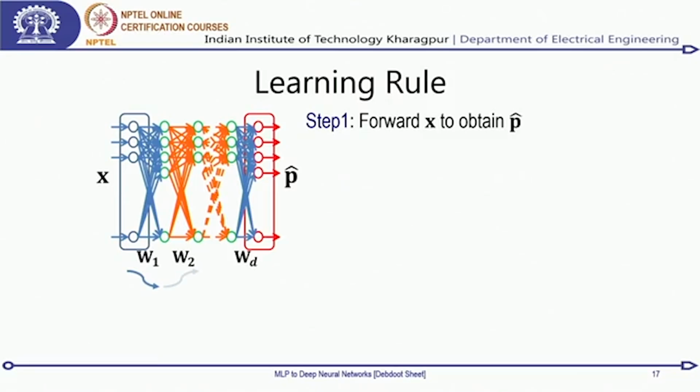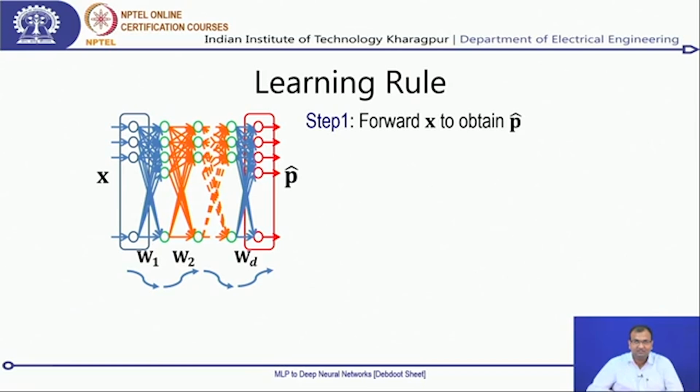And that brings us to the point of trying to visualize our learning rule itself. So now say that I have a multilayer perceptron, and I have my inputs x's which connect through intermediate weights w1 up to wd, and go to my final output, which is p hat. The way we are doing this is something of this sort.